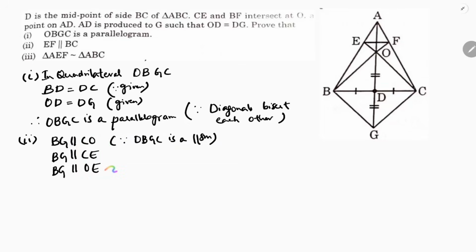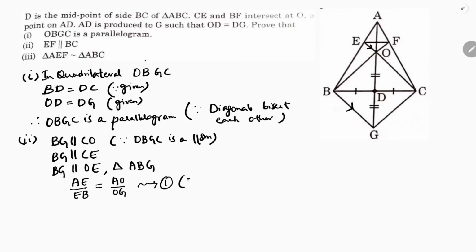Now here I'll take triangle ABG, with BG parallel to EO. If I apply BPT here, I will get AE by EB equals AO by OG.